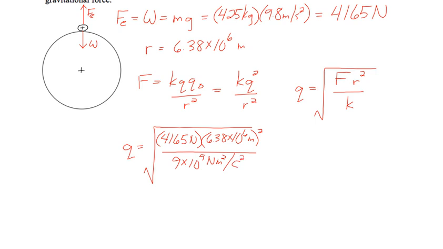So if you look at that, I will get the unit I want, because the newton will cancel the newton, the meter squared will cancel the meter squared, and I'm going to be left with coulomb squared in the denominator of a denominator under a square root. So my answer will end up in coulombs. And if you solve that, you get what for the answer? 4,340 coulombs. Any questions?